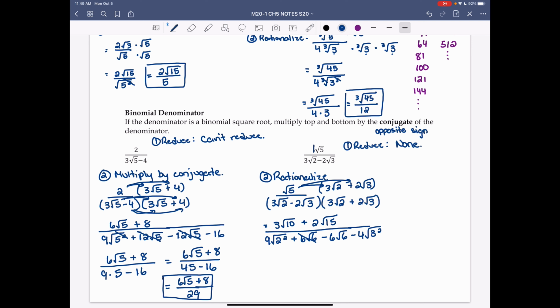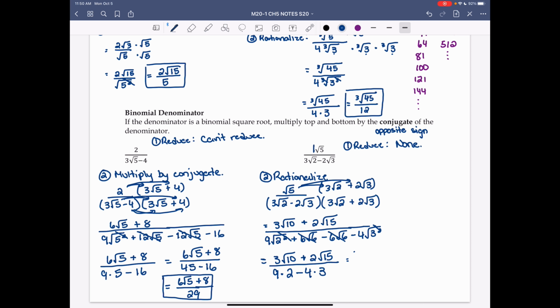Again, our middle terms add to 0, and our outside terms are perfect squares. Square root and squared leaves us with the whole number 3. Square root and squared leaves us with the whole number 2. Simplify, we get 3 square root 10 plus 2 square root 15 divided by 9 times 2 minus 4 times 3.